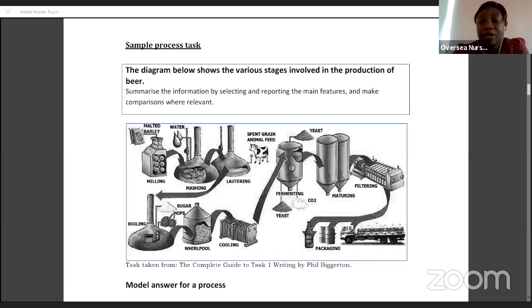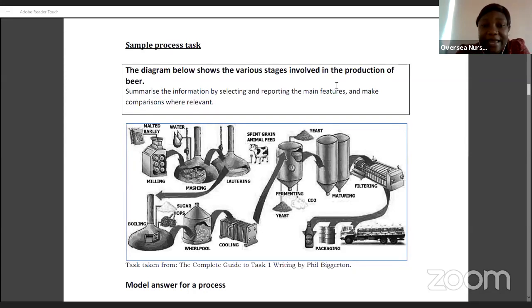Alcoholic drink. So since it is alcoholic drink and we are looking at production, will I be right to say brewing of alcohol? We know that the process of beer making is called brewing, right? Yes, ma'am, we brew beer. So it's not compulsory you must say manufacture. If you know what is related to that particular thing, it's not wrong. In fact, it's very correct for you to use that.